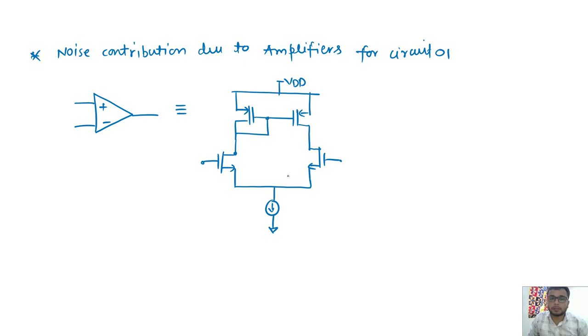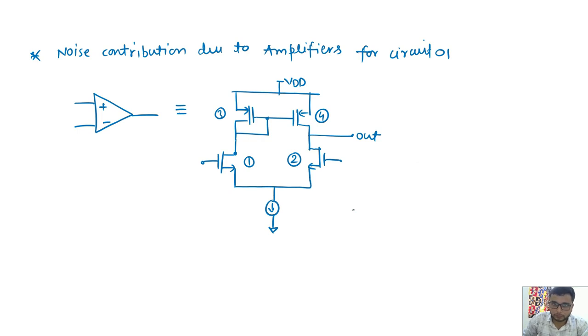Okay, there are 4 noise sources. If I am considering only the input referred for this, this is my input pair, this is my out, and this is in. So what is the input referred noise due to this amplifier? This is the device 1, device 2, device 3, device 4.